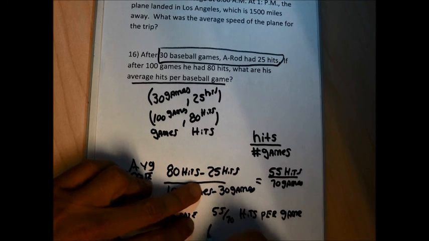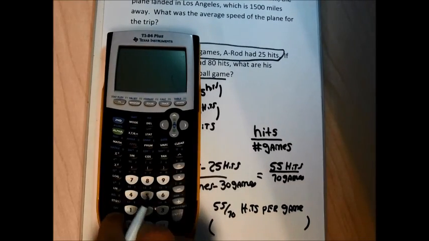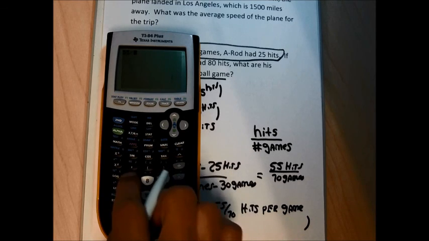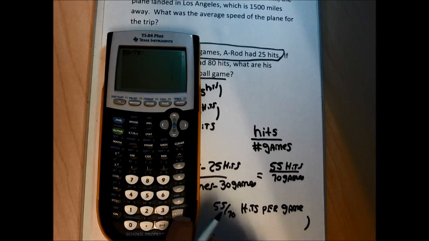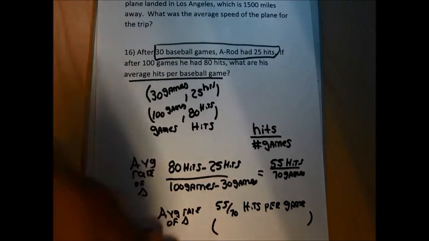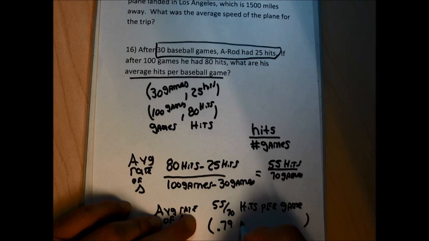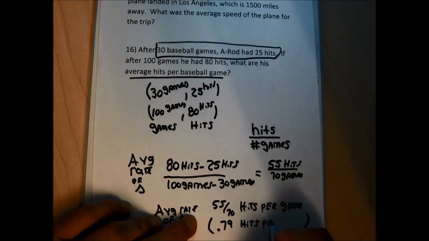And again, I'm going to include a parenthetical what this is actually equal to, because 55 over 70 doesn't mean a lot to me. It's 0.78 or 0.79 hits per game, so it doesn't quite get a hit a game. So 0.78 hits or 0.79 per game.